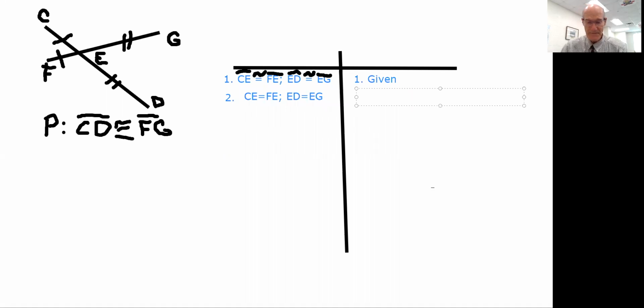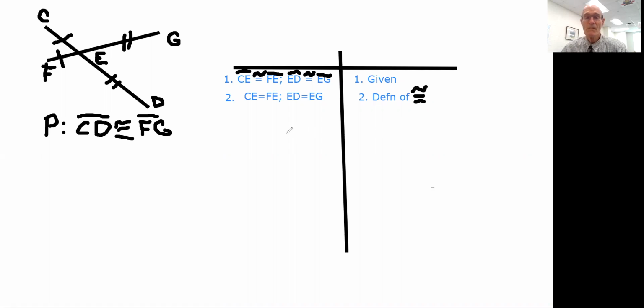And that's just the definition of congruency. And you can put the congruent sign out here. Definition of congruency.